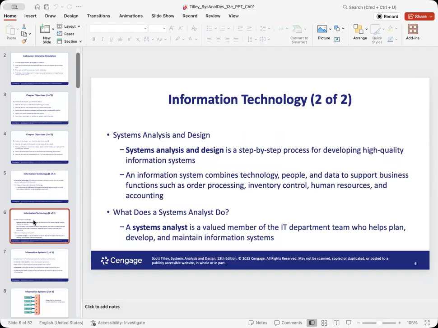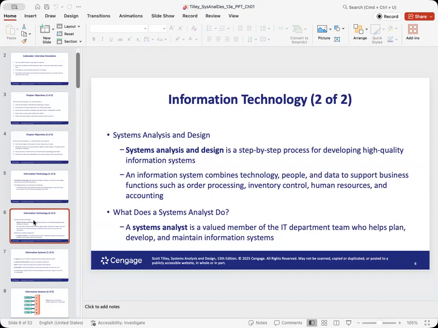Now, in order for you to develop a system, you have to combine technology, people, and data to support business functions, which include order processing, inventory control, human resources, and accounting. All these come together for an information system to be built.